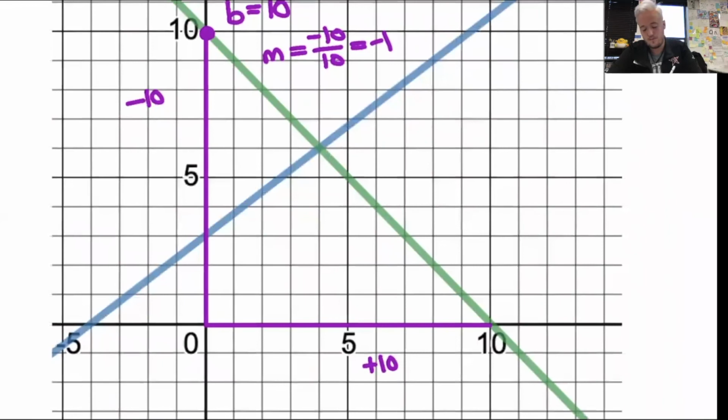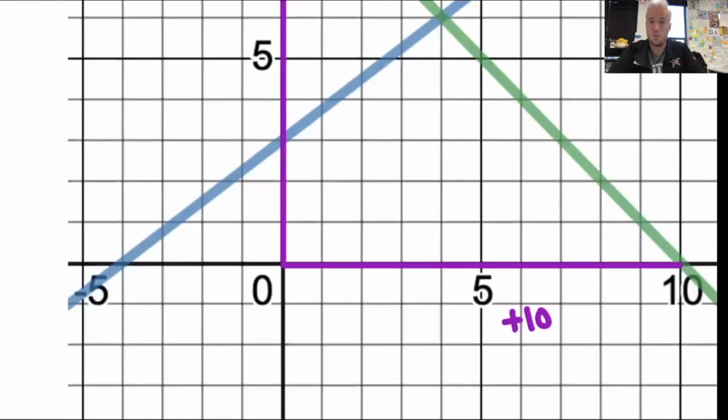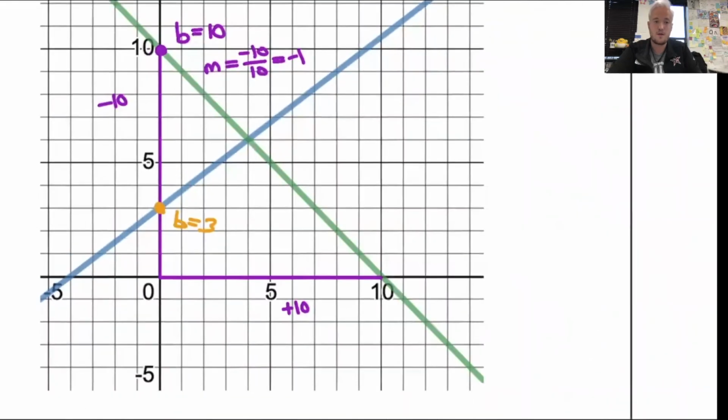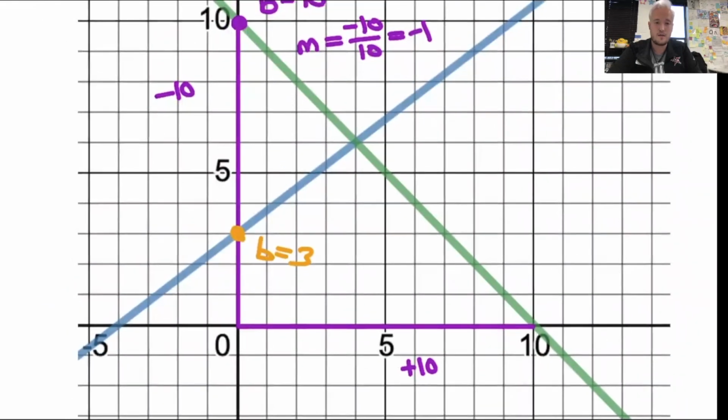All right, so looking at the blue line next. Once again, I'm going to start with the y-intercept. So my y-intercept is here, at the point 0, 3. So my b value is 3. Now I want to find the slope.